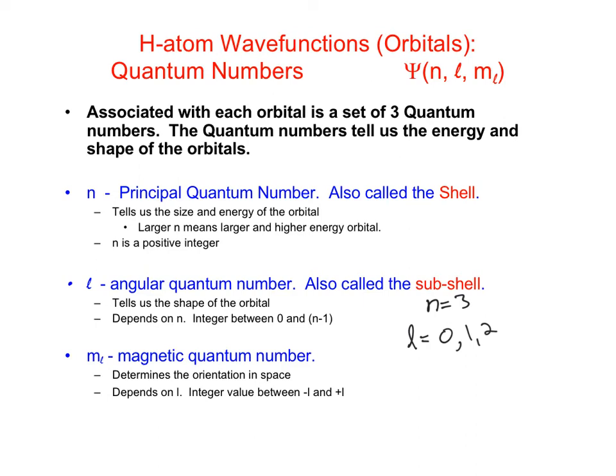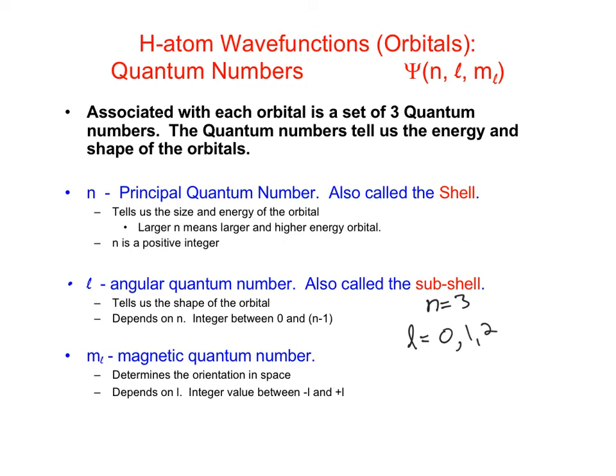Right? It can be anything between 0 and n minus 1. So if we go back to our address analogy, if you tell me that the state you live in is 3, there are 3 possible cities that electron can reside in.